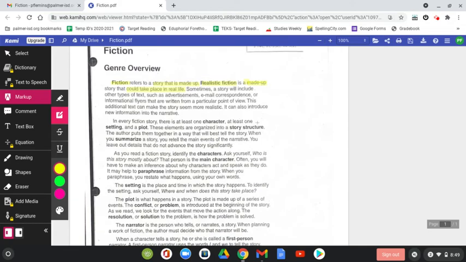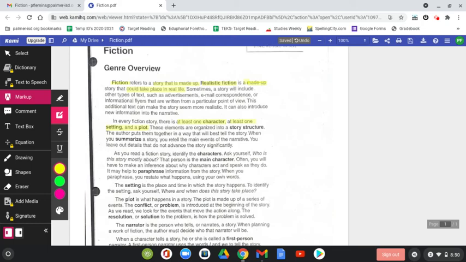The next part is we're going to talk about in your fiction stories that there's always at least one character. Okay. Every story has at least one character. You're going to also have at least one setting and plot. Okay, so your setting, remember, is where your story is taking place.